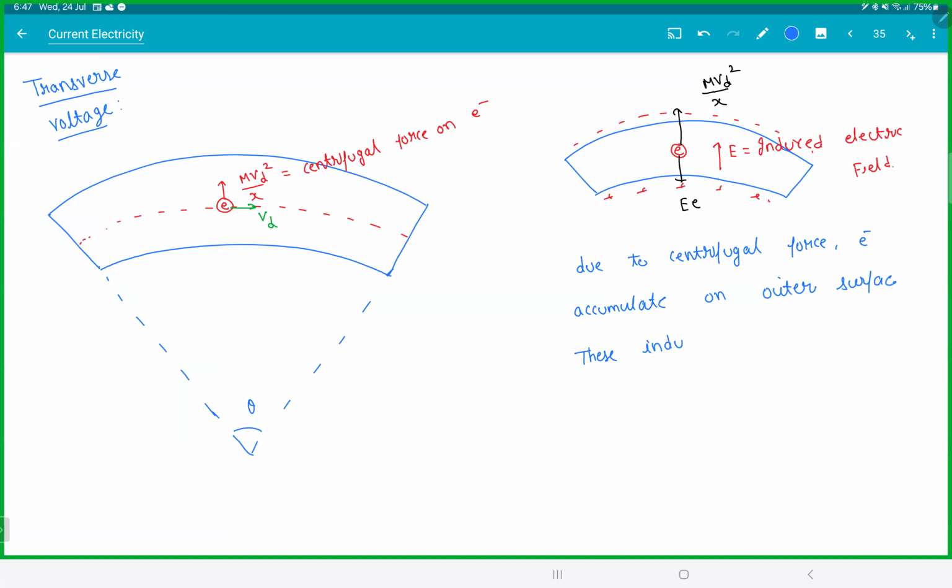And then think about it, more and more electrons keep piling up. At one point, there will be so many electrons piled up, they will repel any electron that tries to come. So you reach a steady state there. That's the reason you won't have current in the transverse direction eventually. These induced charges create a field and balance the centrifugal force in steady state.